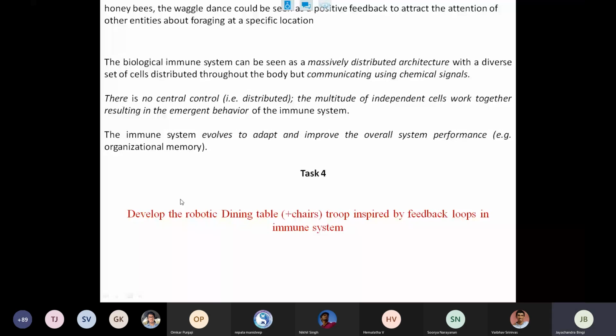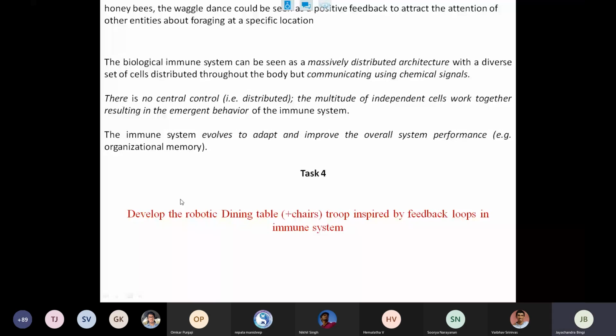Suppose I ask you, I will just give some robotic dining tables and chairs in the hotel and I don't appoint anyone. Then please kindly define the behavior similar to the immune system which helps the hotel to organize. That means you already understood what are all the things happening in the hotel.